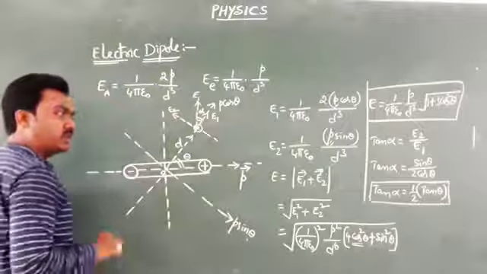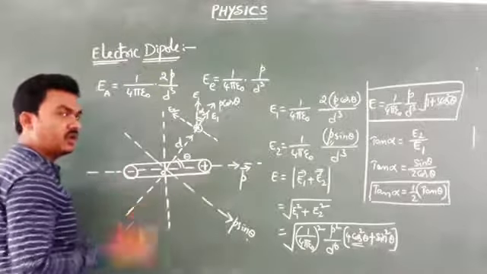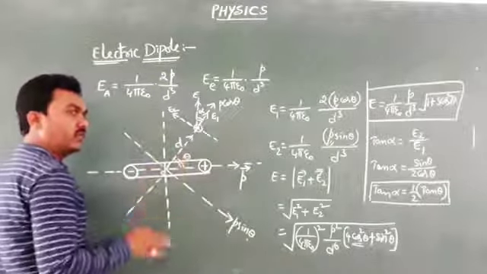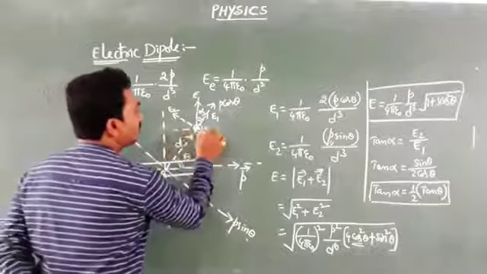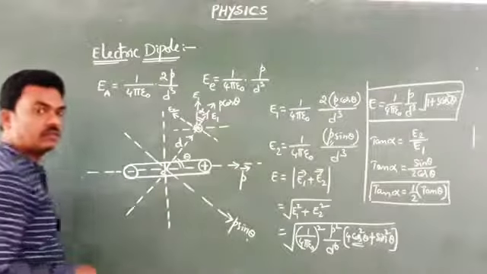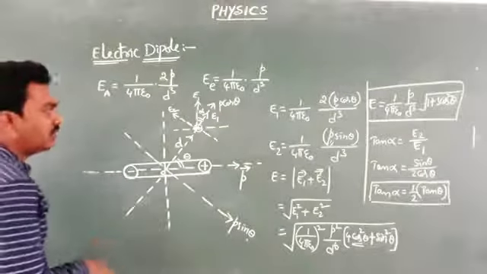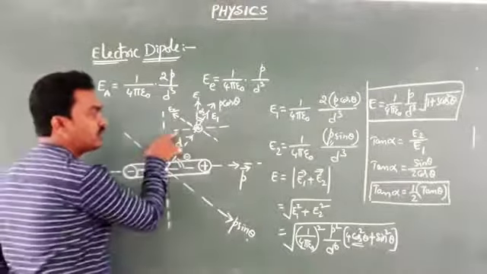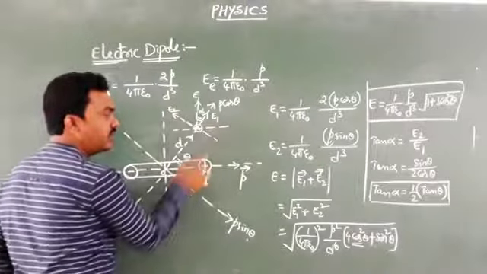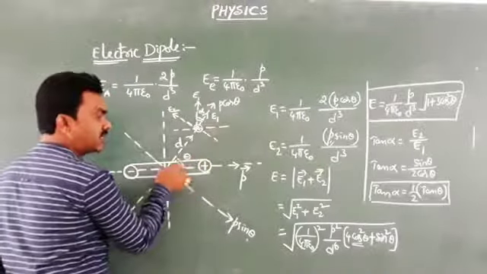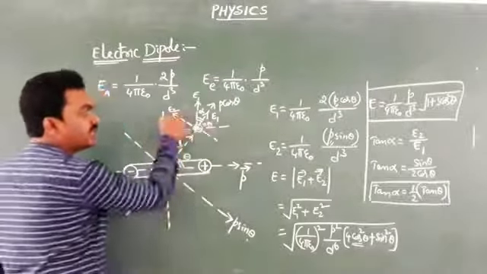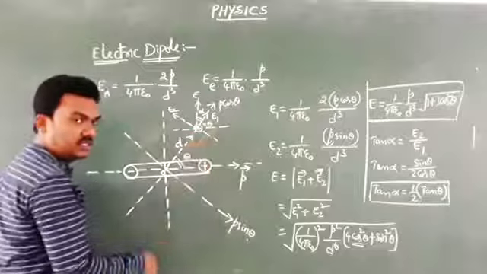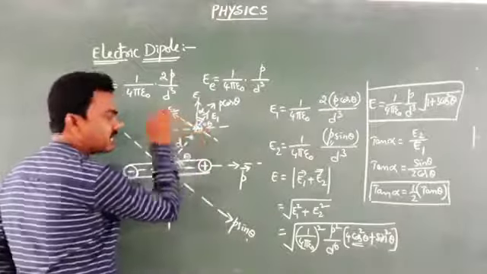Somebody may question, sir, I don't want it with E1 bar, I want it with the horizontal or vertical. Yes, if this is the horizontal line, hope you are understanding, I'm going to add a little more in the figure. This is the horizontal line parallel to the axis. This is theta. So now the field intensity direction with the horizontal is at an angle theta plus alpha.